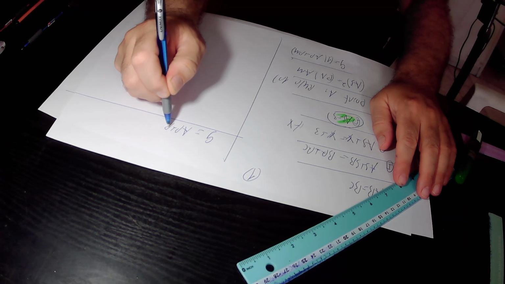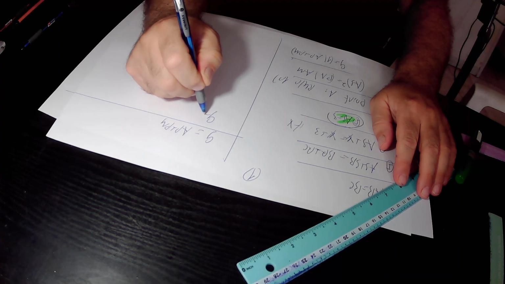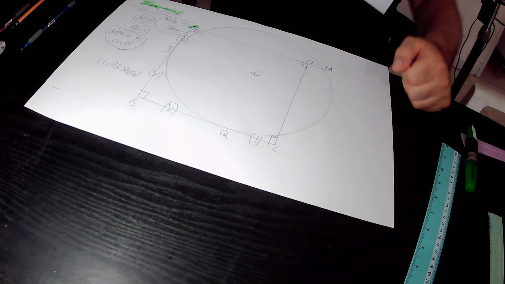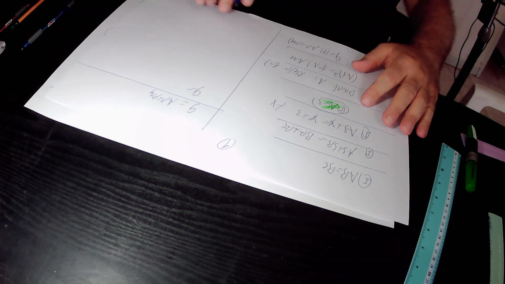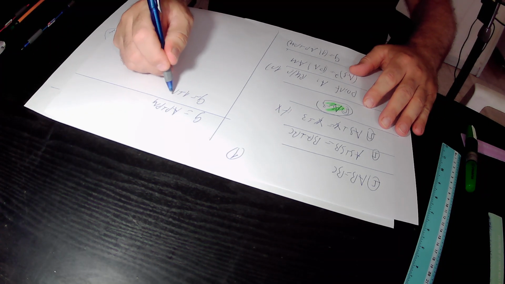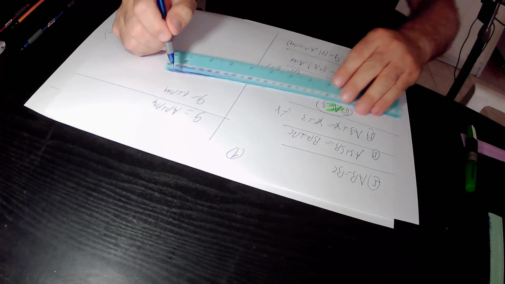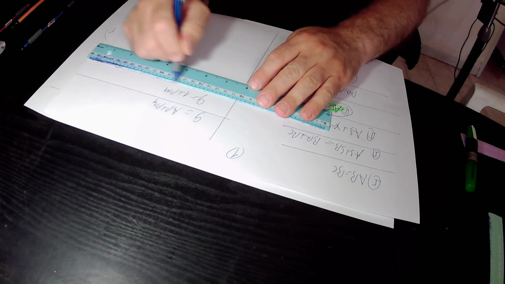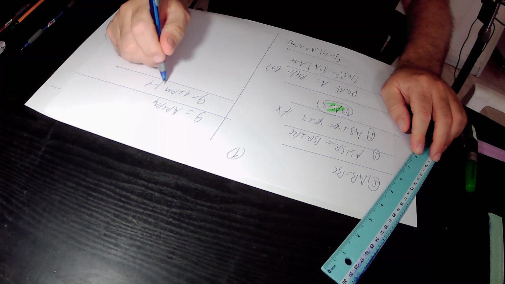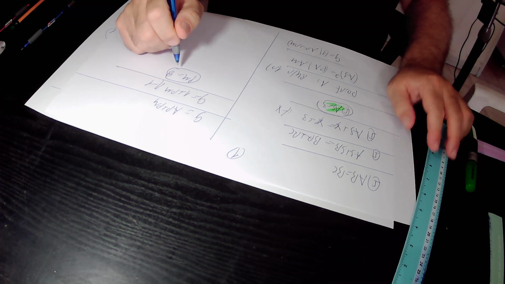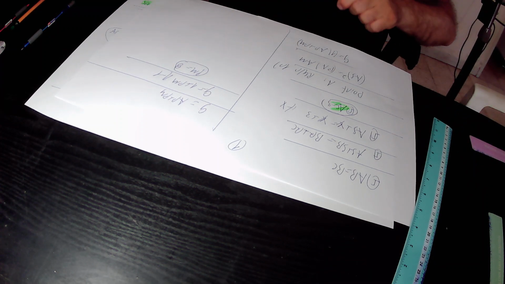AP is 1, plus PM. Here we subtract 1 from this equation, and we get that PM equals 9 minus 1, that is 8. So PM equals 8 units in length.